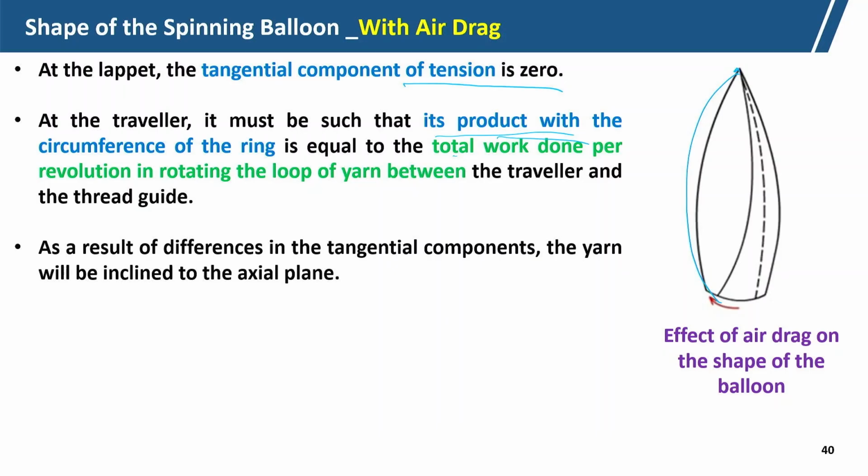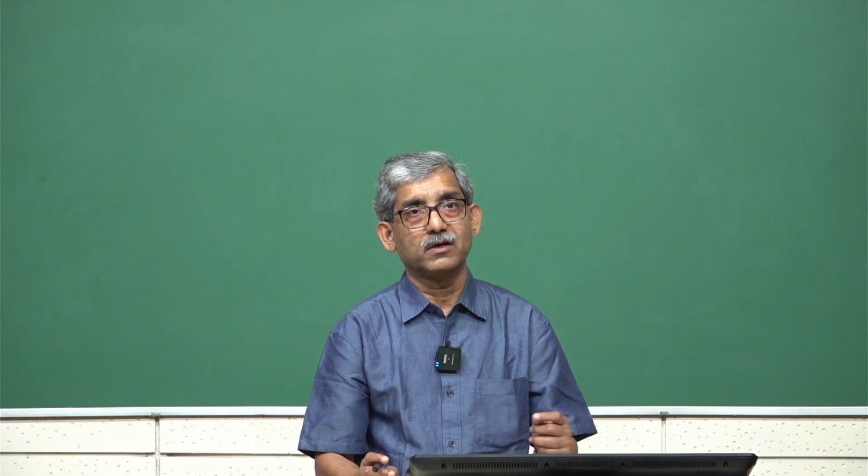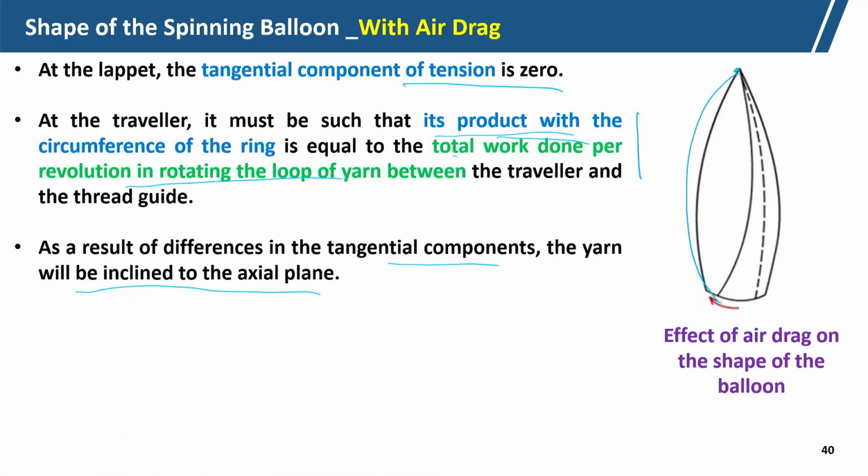As a result of the difference in the tangential component, the yarn will be inclined to the axial plane. In the normal case it should be equal. The work done per revolution of the rotating loop should be equal at any point, but as a result of the difference in the tangential component, the yarn will be inclined. So, it will not be in the axial plane.